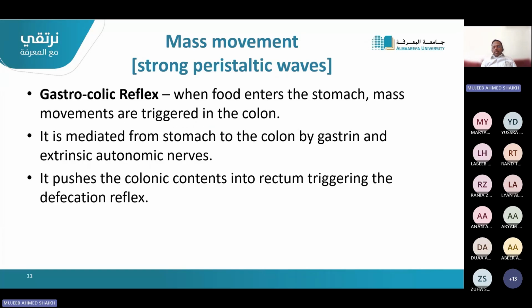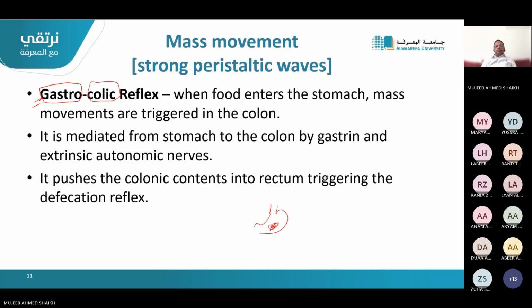So what are the two reflexes? Number one is the gastrocolic reflex. What does this suggest? The name is itself suggestive. Gastro and colic, that means in this junction, when the food is in the stomach.